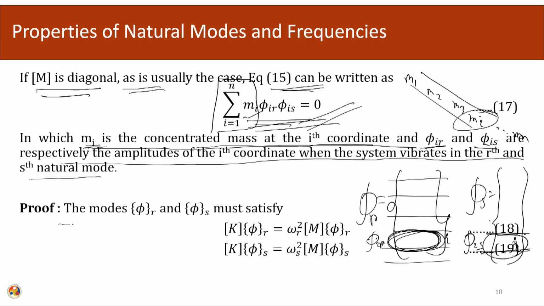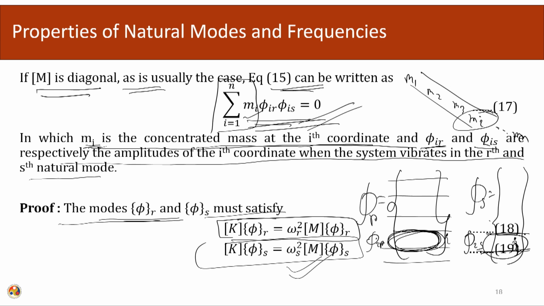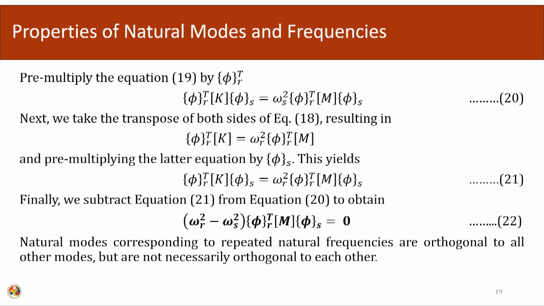And the proof is that the modes phi r and phi s must satisfy this particular equation. If they satisfy this equation, then the cross terms are 0. This way we can prove the orthogonality of the system.